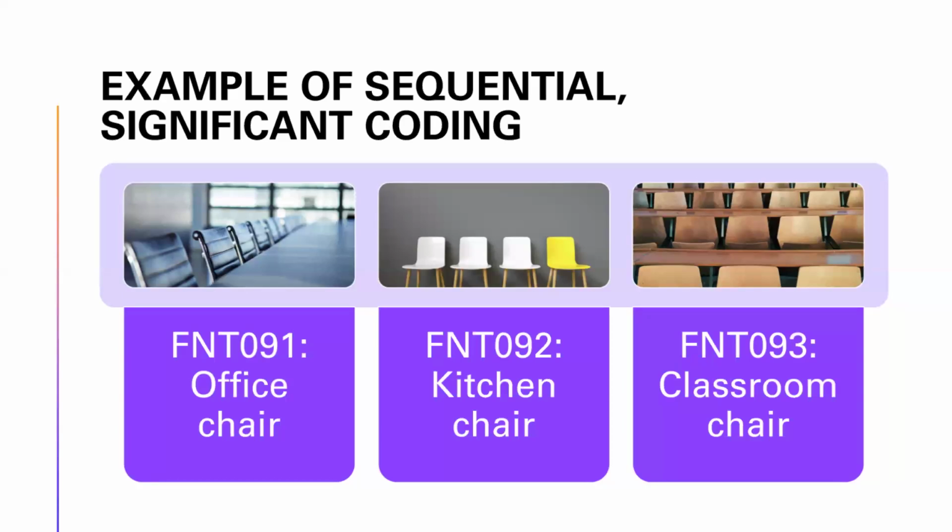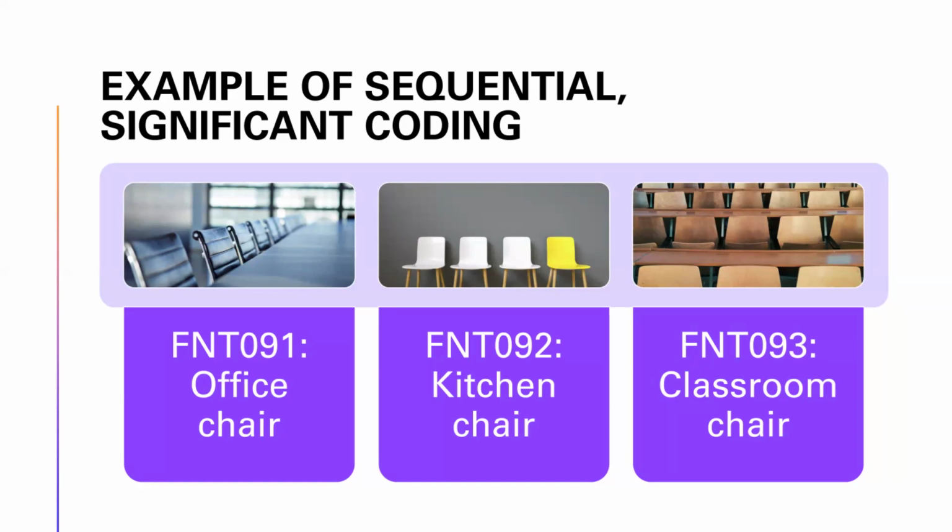I sell some chairs, maybe office chairs, kitchen chairs, or classroom chairs. To make my sorting more structured and systematic, I code them with some rules. The chair would have a code like FNT0. FNT is the abbreviation for furniture, and 0 stands for chair. Maybe my table or desk would have FNT1.